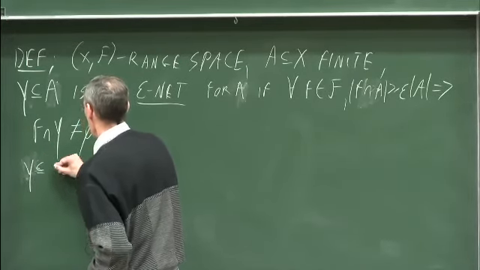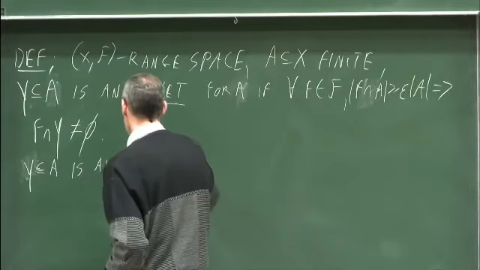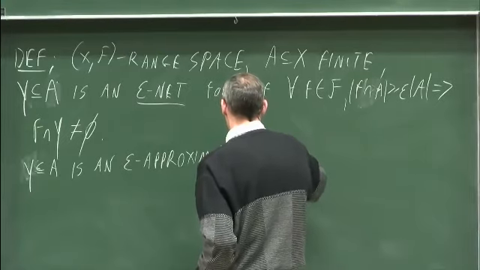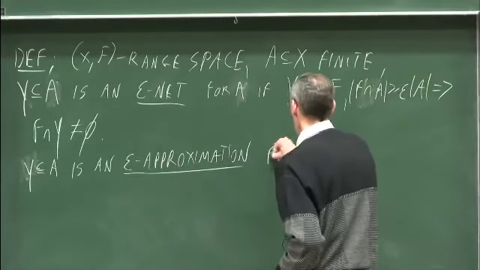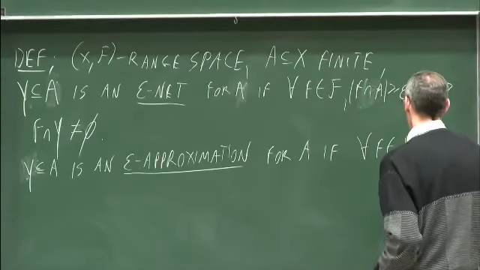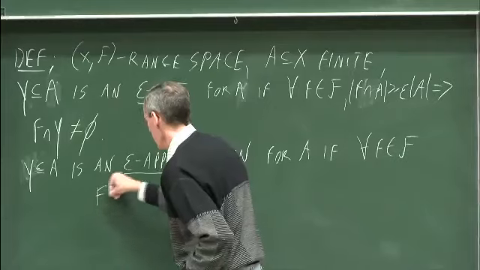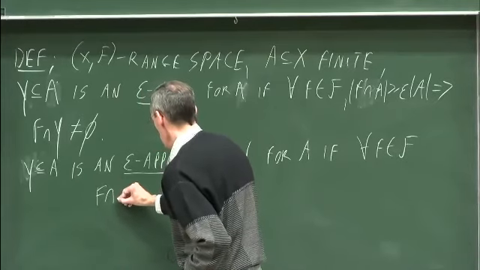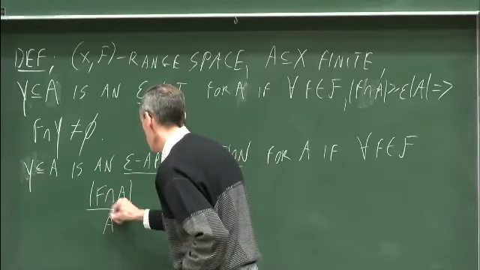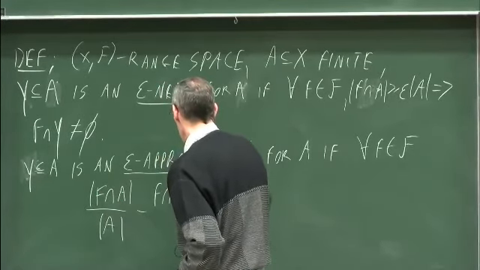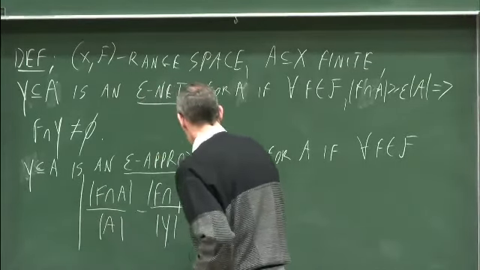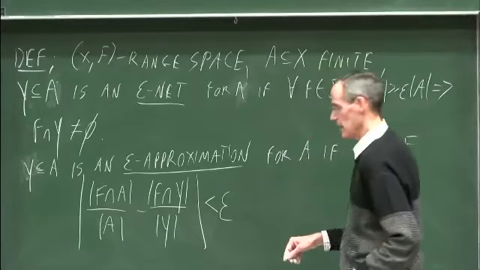Y, a subset of A, is an epsilon sample or epsilon approximation, again for A, if we have something stronger: for every range F, if we look at the fraction of points of A that F contains, and the fraction of points of Y that F contains, then these two differ by less than epsilon.